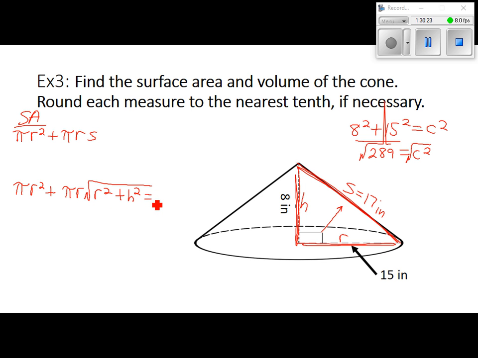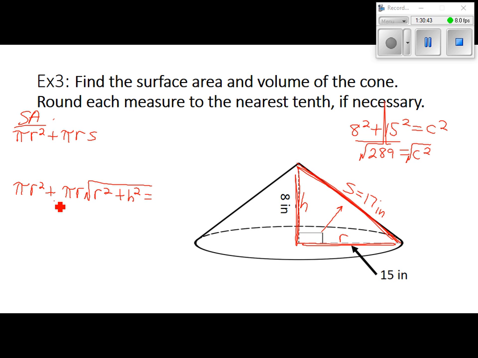We can use either one of those, alright? The top one up here is probably a little easier if you know the slant height. If you didn't know the slant height, and you didn't know how to use Pythagorean theorem to find it, then you could use this one. Don't make these formulas harder than they are. All you're doing is plugging in numbers, and then you can plug it all right into your calculator.